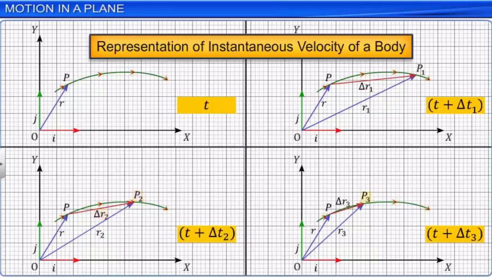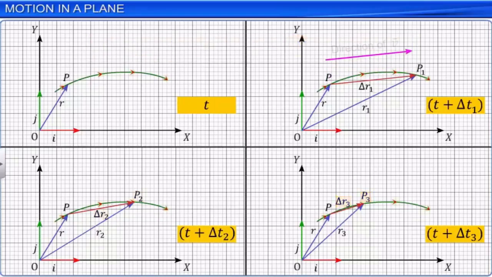The direction of average velocity vectors are shown in the graphs. Delta t1 is greater than delta t2, which is greater than delta t3.